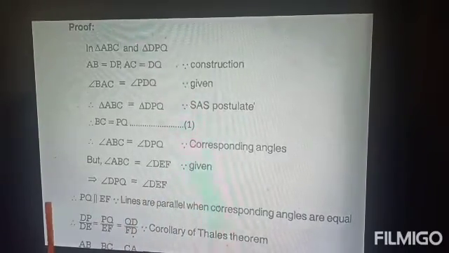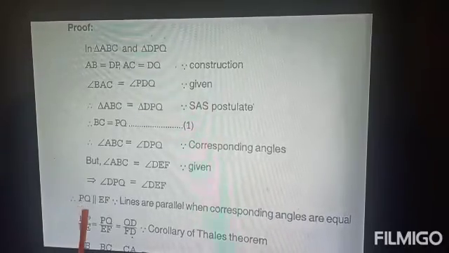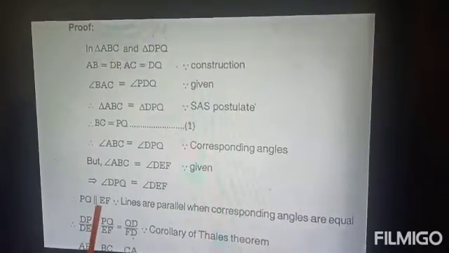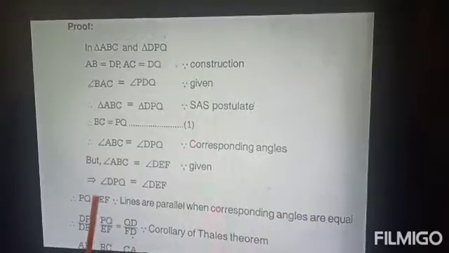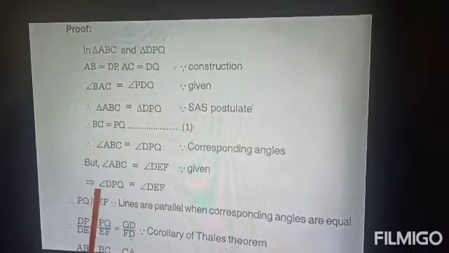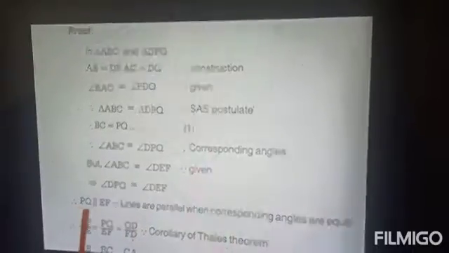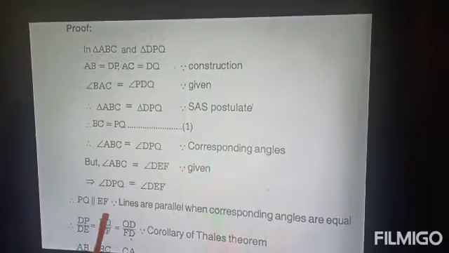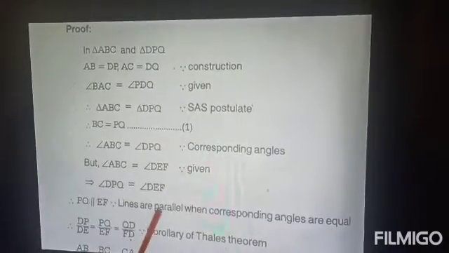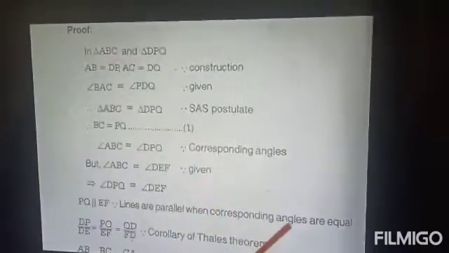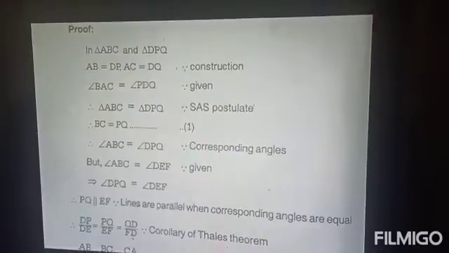Now, therefore, PQ is parallel to EF. If these two angles, DPQ and DEF, are equal to each other, we can say PQ is parallel to EF, because lines are parallel when corresponding angles are equal.